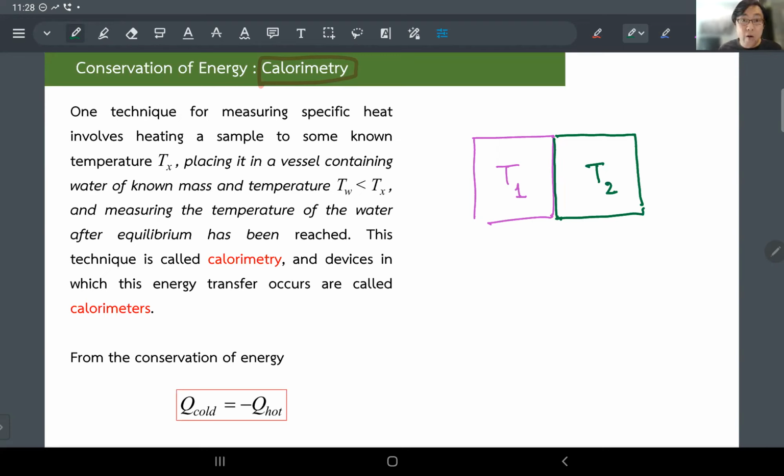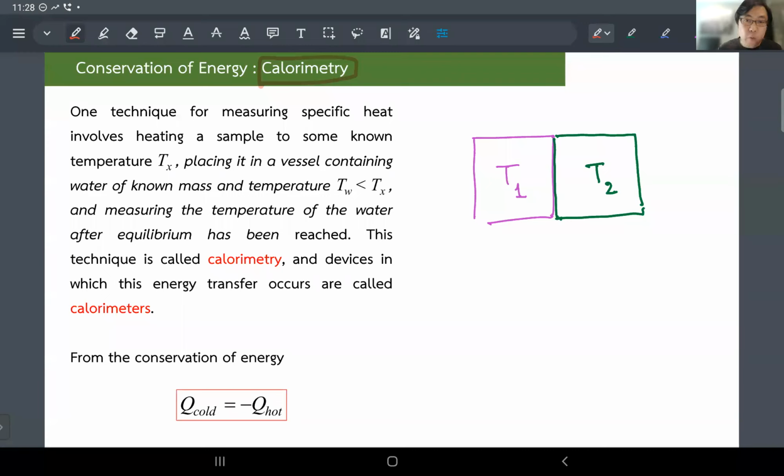Everyone knows, from the thermal concepts we have been studying, that there will be energy transfer due to the temperature difference. If T1 and T2 are at the same temperature, they are in thermal equilibrium and there will be no energy transfer.